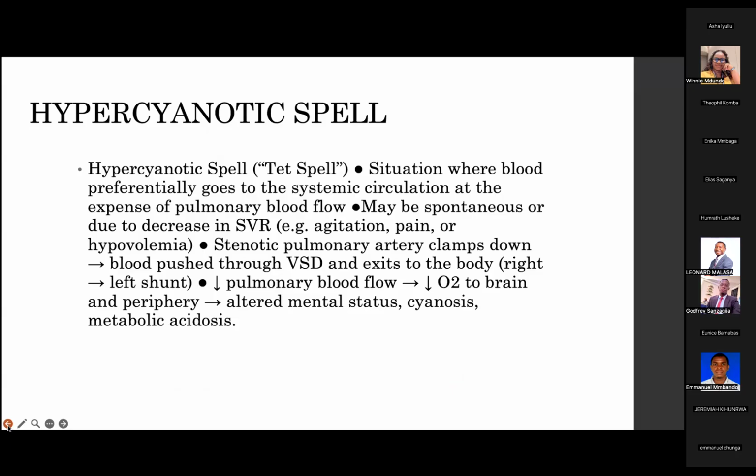So, for example, if a child is agitated, if the child is in pain or hypovolemic, that's when your blood flow, which is normally from left to right shunt, changes to right to left shunt. Basically, this is where the flow of blood is reversed.